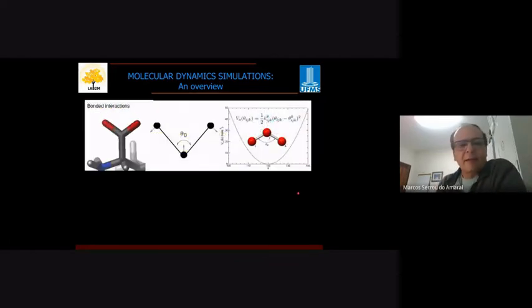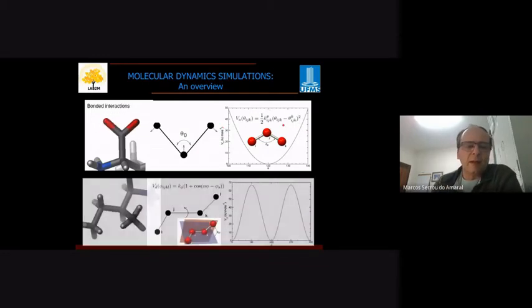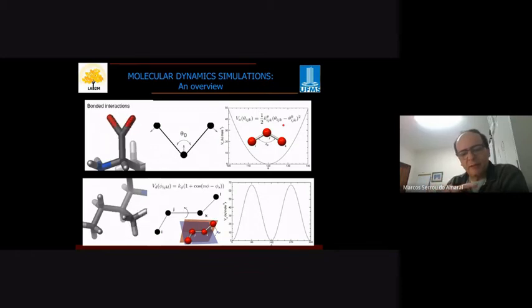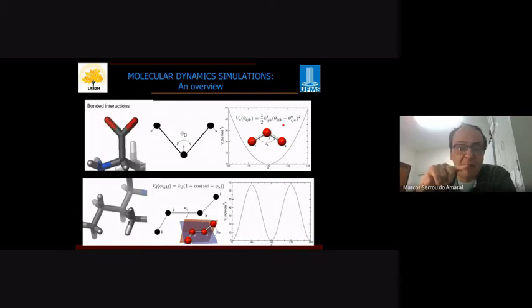There are other kinds of bond corrections. Here we show 3 atoms, which is also described by Hooke's law, so this describes the spring movement. You also need a function to describe the rotations of the chemical bond, as they happen in the real system.